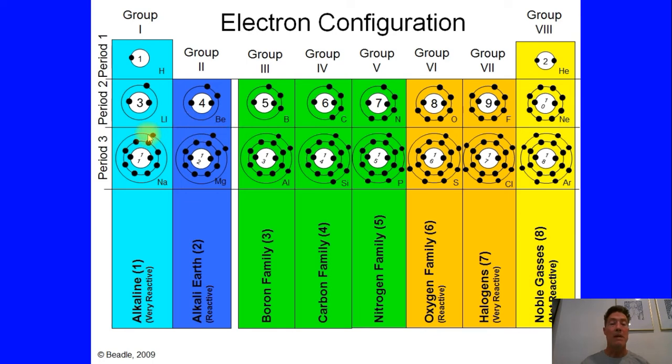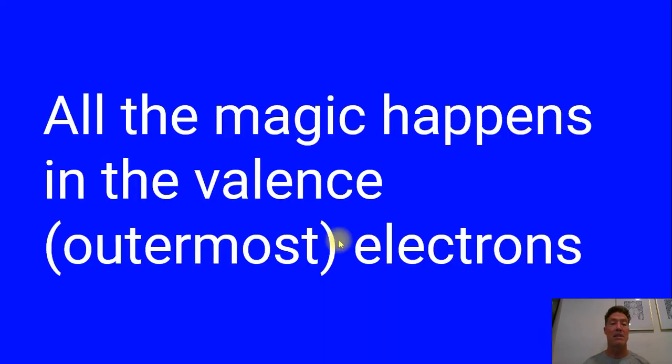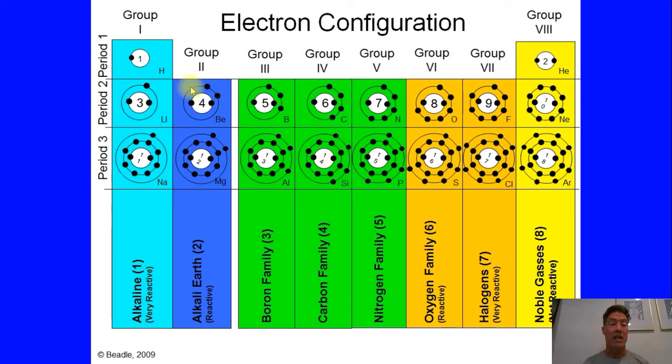So this is how we would keep track of electrons using the Bohr model as we go through these various families. And as you can see, we have names for them. This is the alkali family, alkaline earth, the boron family, the carbon family, the nitrogen family, oxygen family, halogens, and the noble gases. All the magic happens in the outermost electrons, what we call the valence electrons.